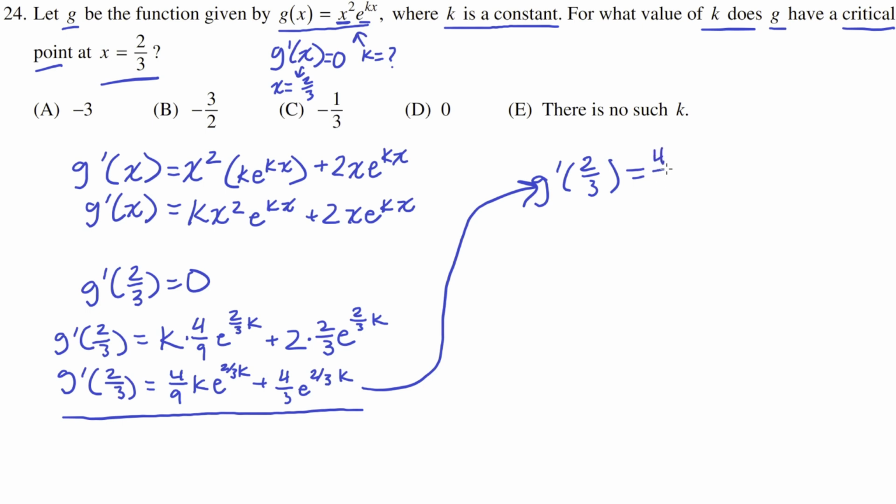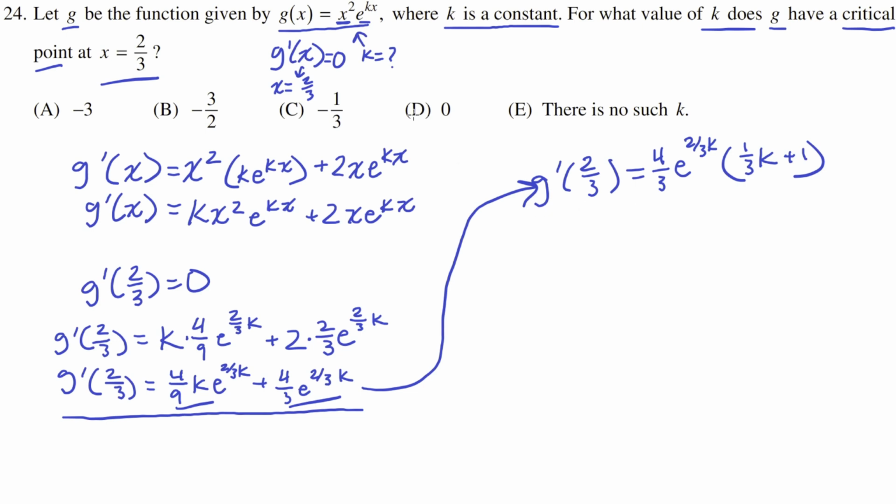We can take out a 4/3 and an e raised to the 2/3 k from each of the two terms. On the first term, we'll be left with 1/3 times k, and the second term will just be a 1, because this literally is the second term: 4/3 e to the 2/3 k.